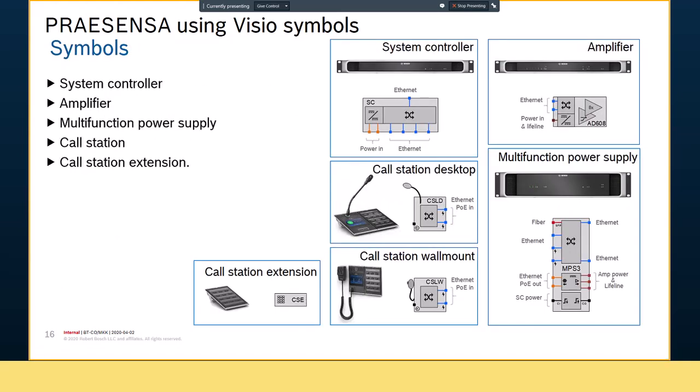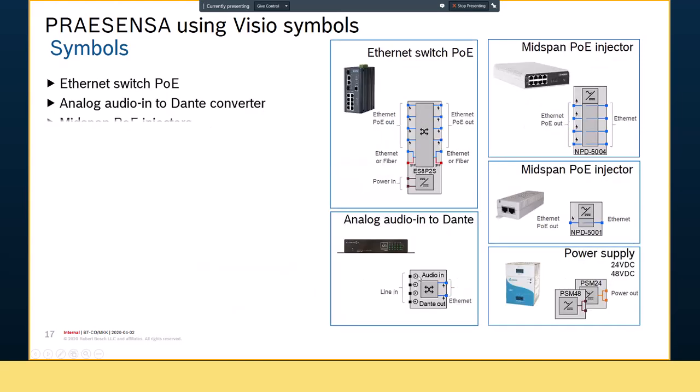We've used these slides also in the previous webinars. Here you see the different symbols that we have for the different components. So the controller, the amplifier, multifunction power supply, call station, and the extension. And here we have the other devices, the switch, midspan power injector, power supply, and one of the many analog audio to Dante devices.